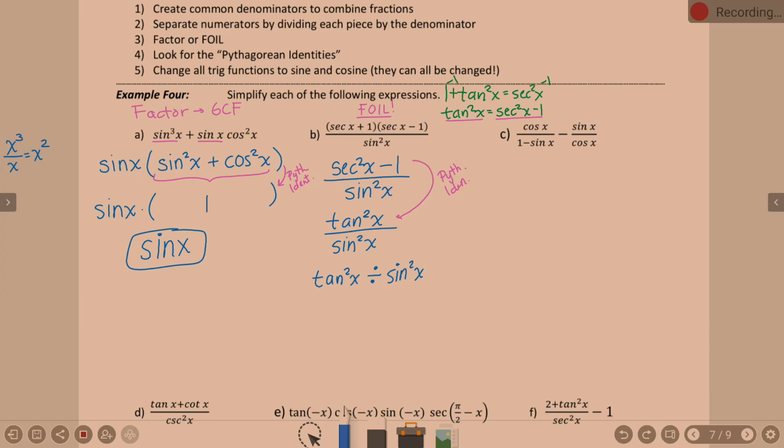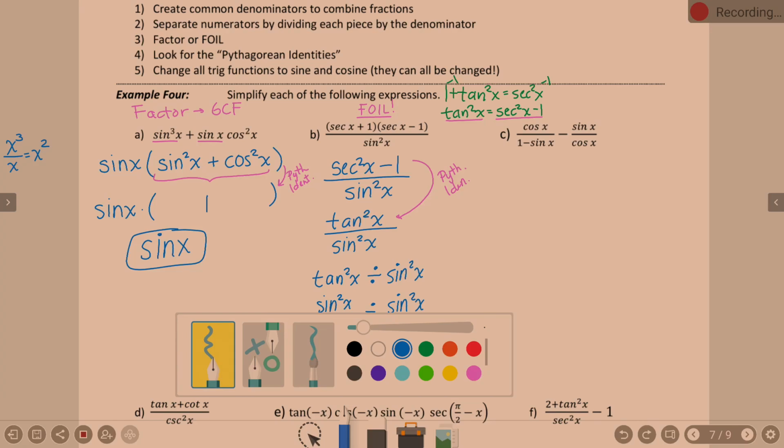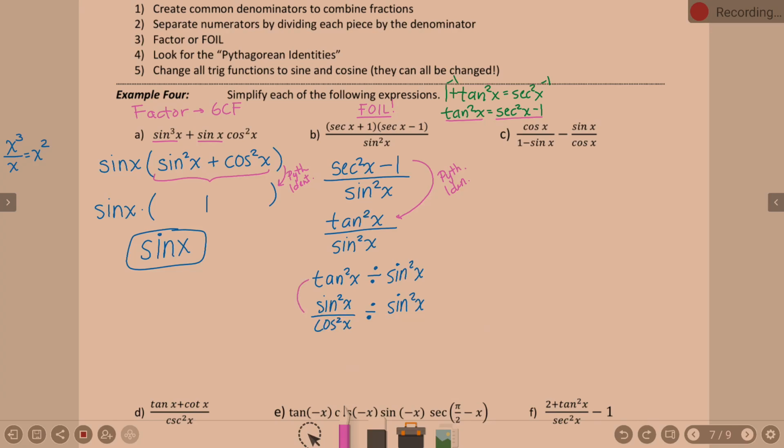Or in this case, since it's tangent squared, it's going to be sine squared x over cosine squared x divided by sine squared x. Now, are you with me on what I did? This was the quotient identity.